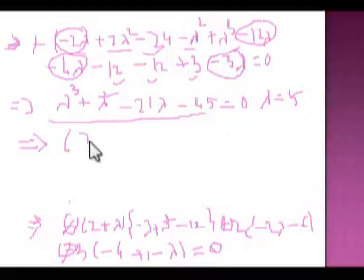So I am taking lambda minus 5 and dividing by lambda minus 5, we will get lambda square plus 6 lambda plus 9 is equal to 0.